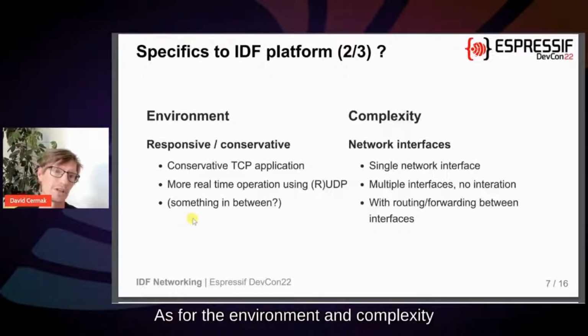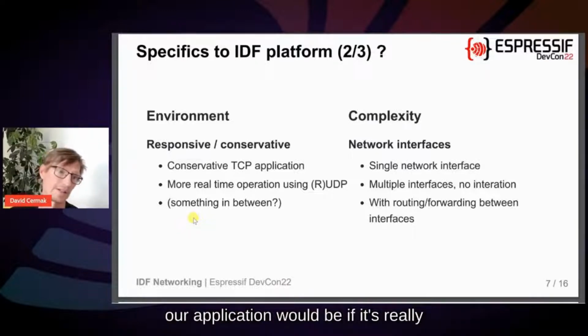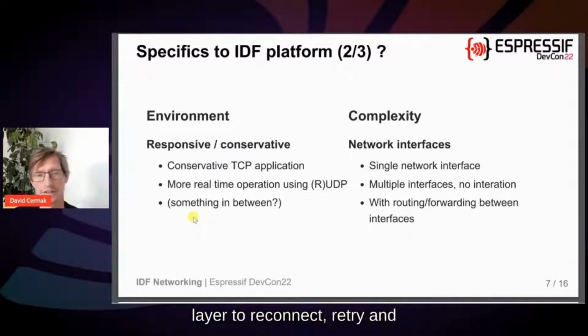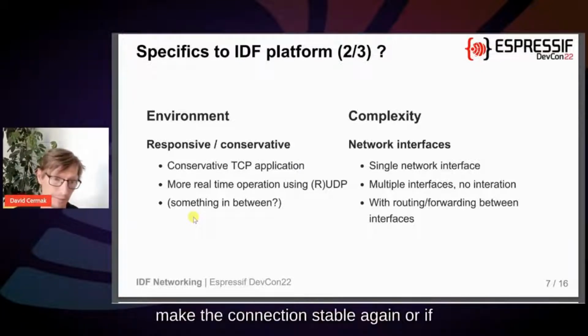As for the environment and complexity, we have to think about how responsive our application would be. Is it something very conservative, an application which really relies on the TCP layer to reconnect, retry, and make the connection stable again?